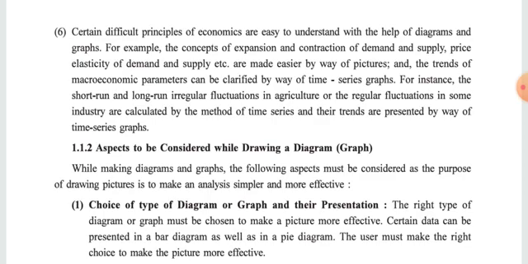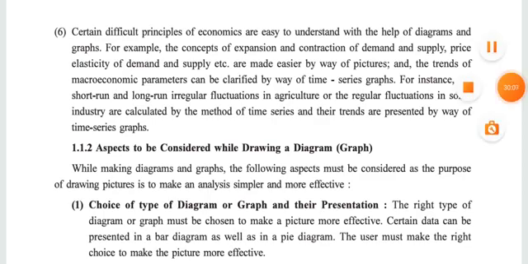Or the regular fluctuation in industry, that is due to the business cycle, that is depression, boom, recession, recovery, etc., are calculated by the method of time series graph, and their trends are presented by way of time series graph. So certain difficult principles can also be understood with the help of graph and diagram.